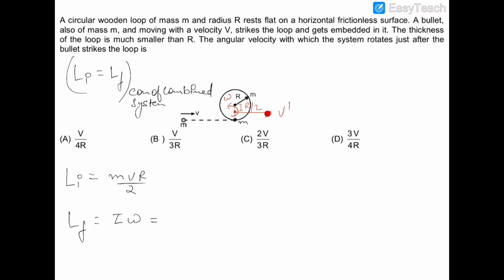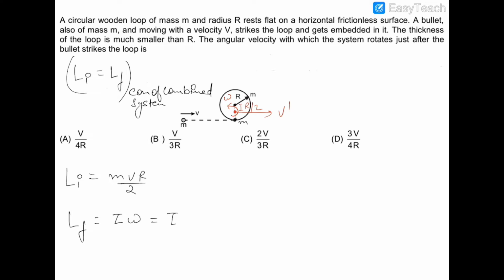So mvr would be 0, because r is the perpendicular distance of the momentum or velocity vector from the point where we are calculating the angular momentum. So if we are calculating the angular momentum about this point, then the perpendicular distance would be 0, therefore mvr would be 0. So I omega is the final angular momentum.